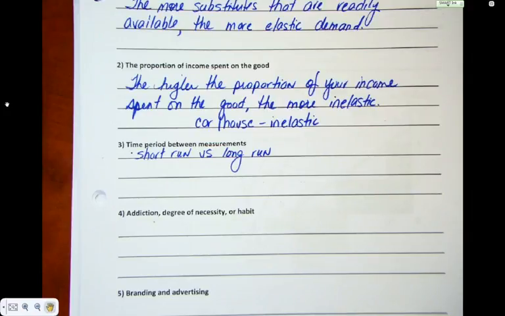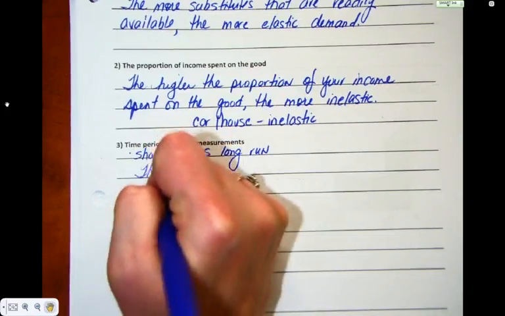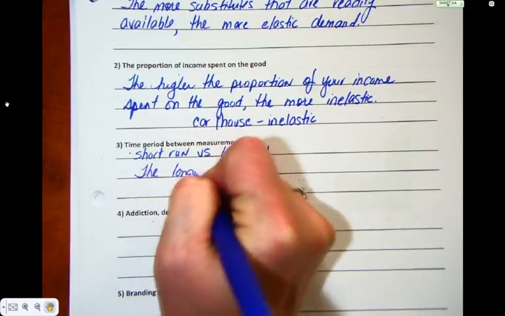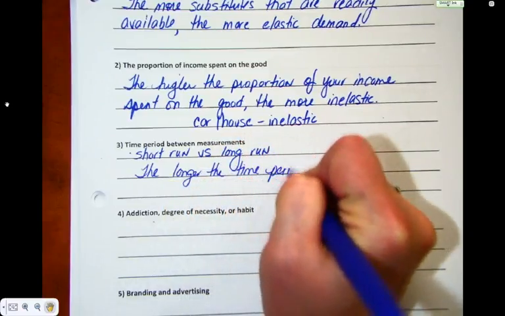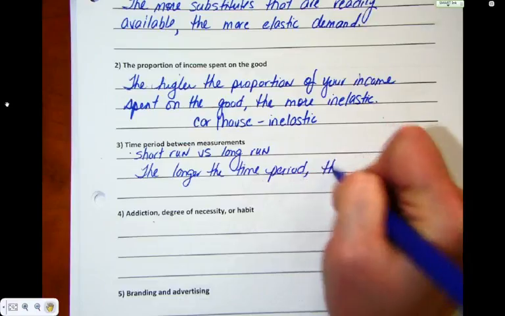Okay, so why was it closer to 0 when it was the short run? Short run because you need gas like in the next day or next week. The long run you need that EcoBoost engine, get a hybrid, you gotta take a bus.